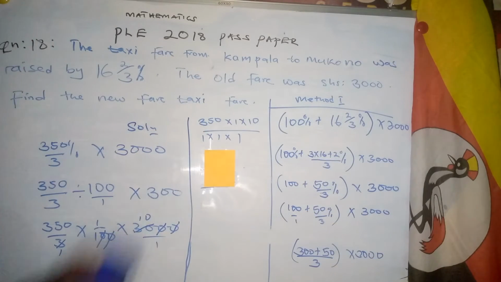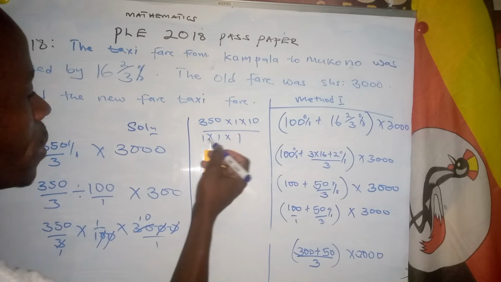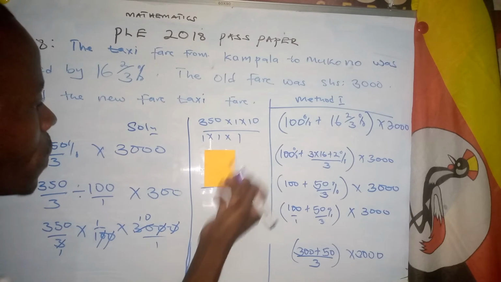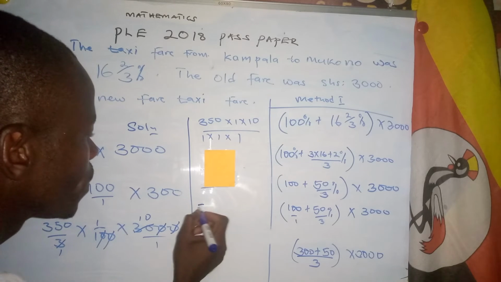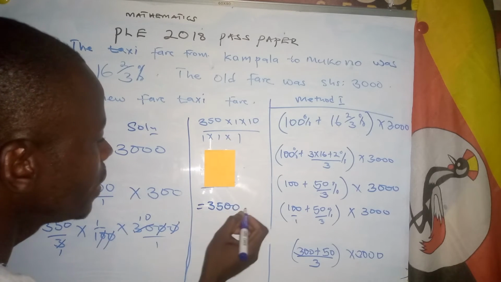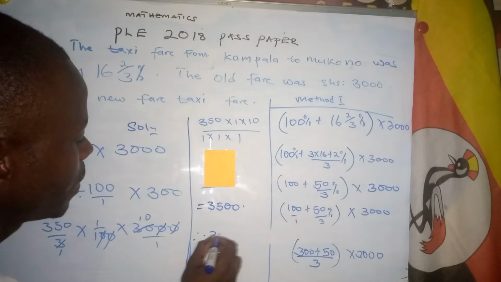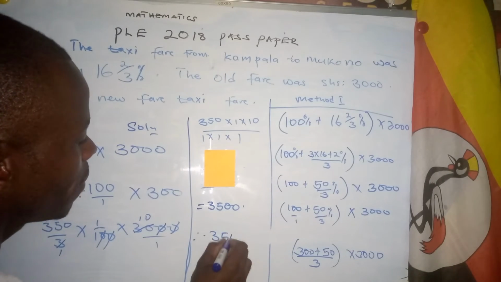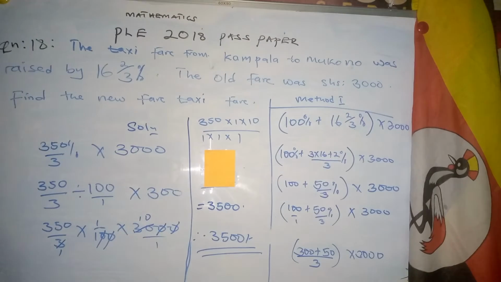Then you come 350 times 1 times 10 out of 1 times 1 times 1. You get what? 350 times 1 times 10, you get 3,500. So therefore the shillings is 3,500 shillings. That is the answer.